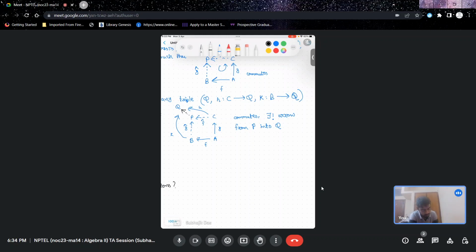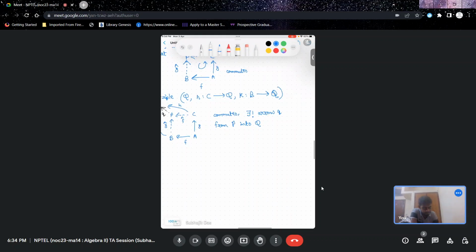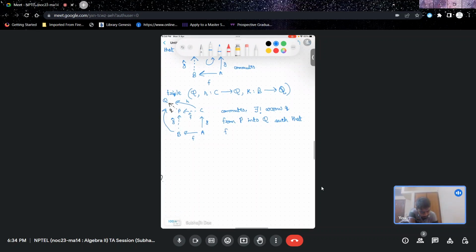So the unique arrow, let's call this arrow q. This unique arrow is q, such that all the triangles commute, such that q composed with f hat is equal to h.